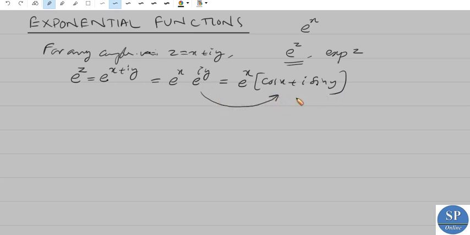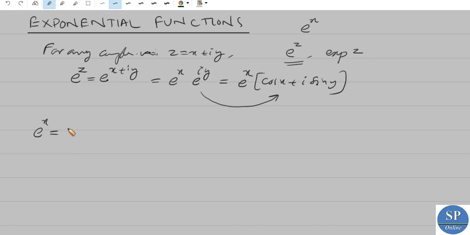We can establish this result by using the expansion of the exponential function in real variable. Okay, so to establish this result, e power iy equal to cos y plus i sin y, we can do like this. We have exponential function.